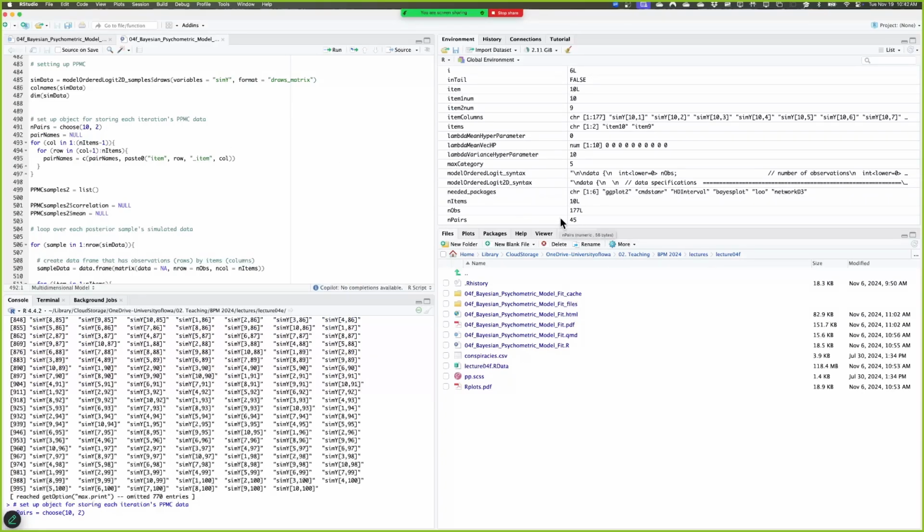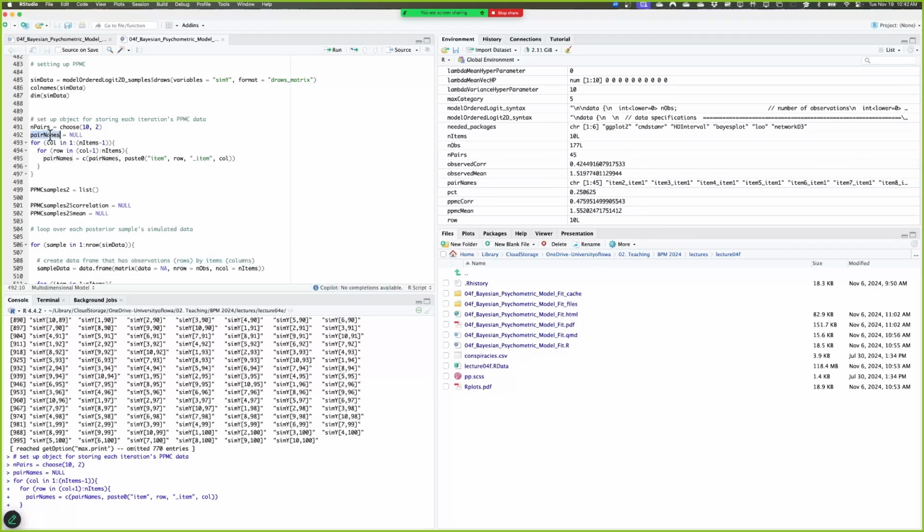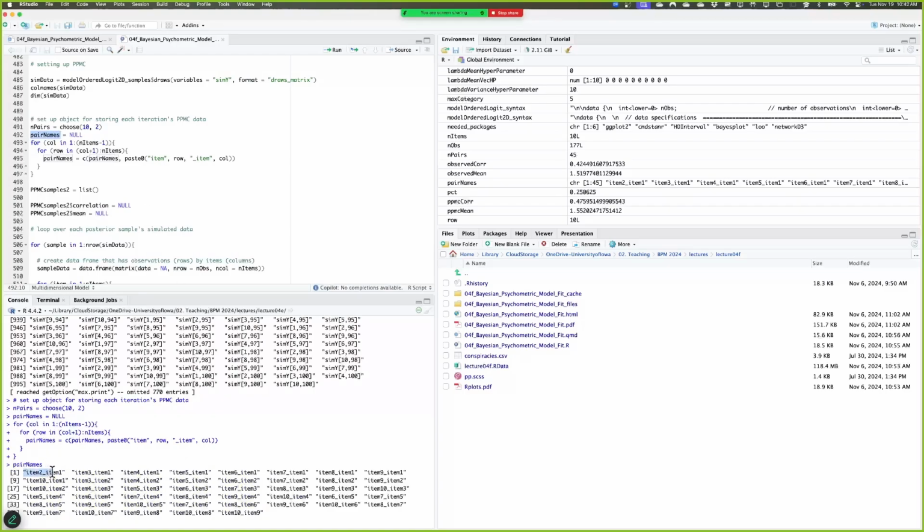So we're going to calculate PPMCs for 45 pairs. This loop right here is simply looping through all possible pairings of items and labeling what we're going to find. So our object at the end will have an item two, item one column to it. That'll be the correlation between item one and item two in our simulated data from the posterior predictive model check. And then the same thing for all other 45.